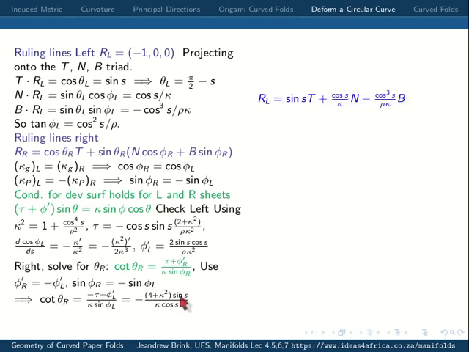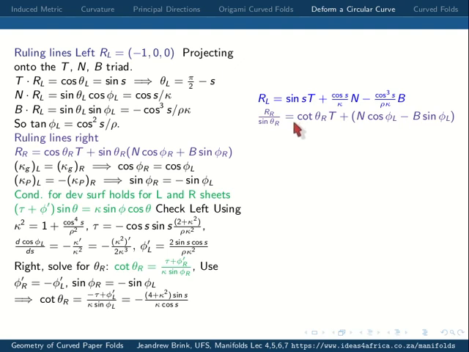And now I can express my ruling direction. So this is my ruling direction on the left that I got just by dotting the things in. Now the ruling direction on the right, I found it easier to express it like this. Okay?